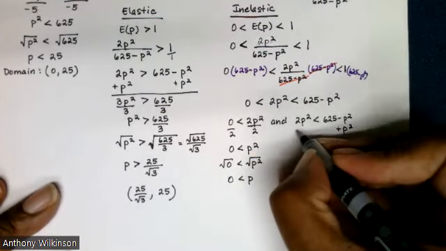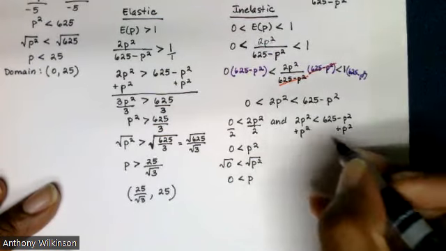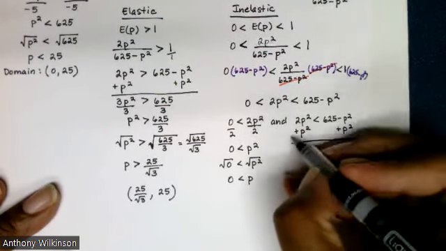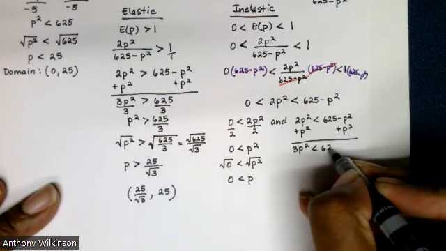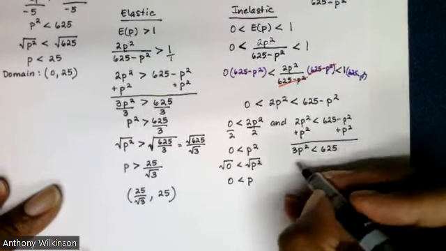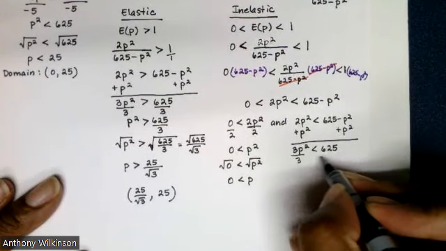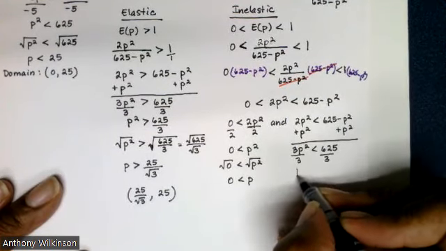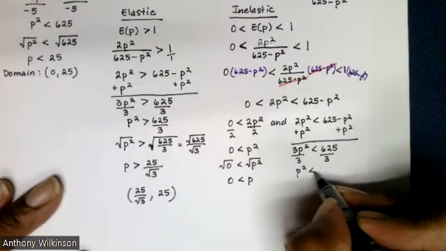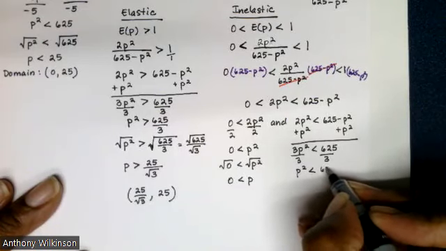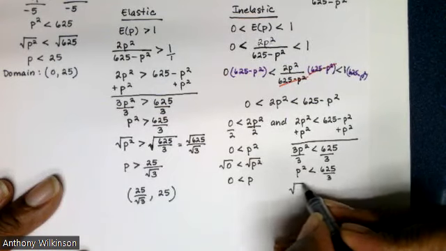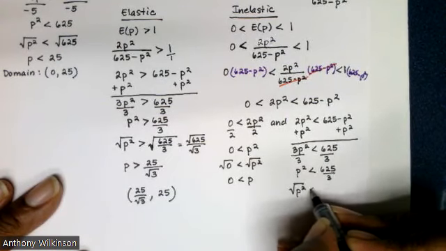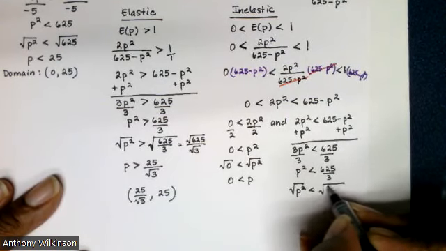If I add p squared to both sides, that would mean I will have 3p squared is less than 625. Then divide both sides by 3. That would mean p squared is less than 625 over 3. And then take the square root on both sides.